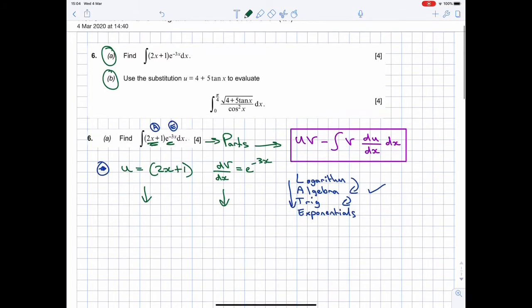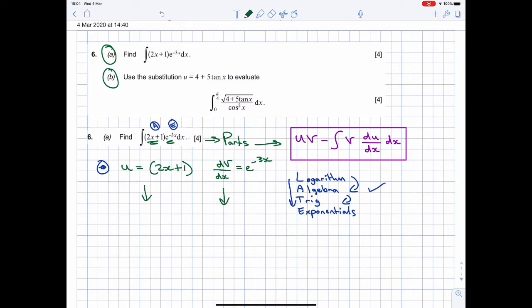The next part is for the u expression, we're going to differentiate this. So when we do du by dx, that will just leave us with 2. And for dv by dx, we're going to reverse this, and to reverse we're going to integrate. So v is, when we integrate exponentials, we divide by the coefficient of the power.